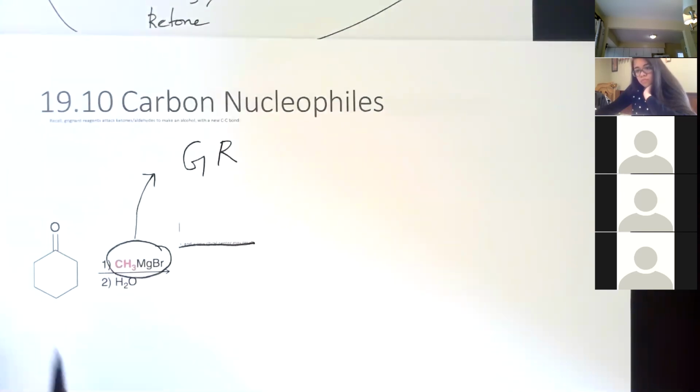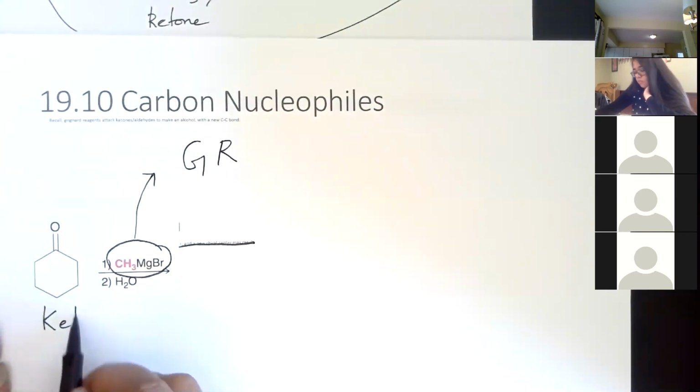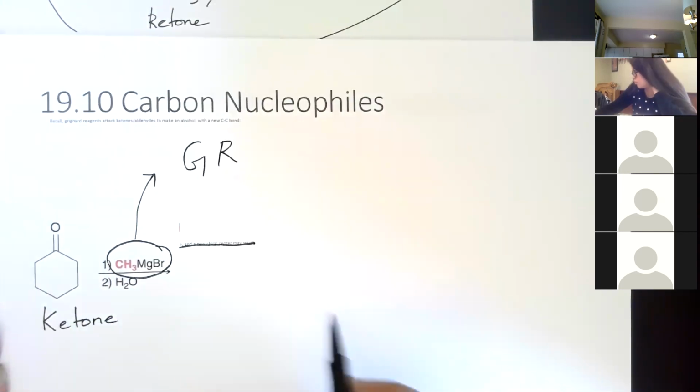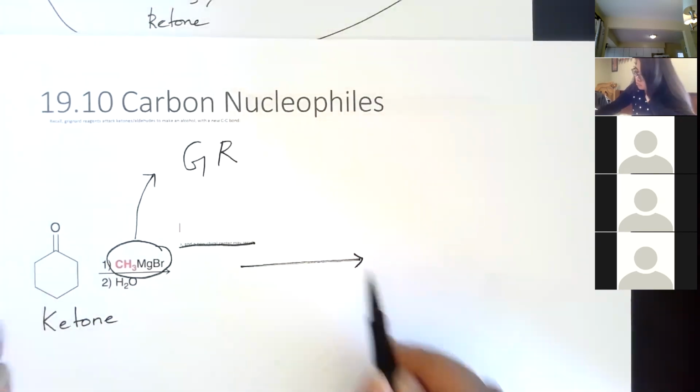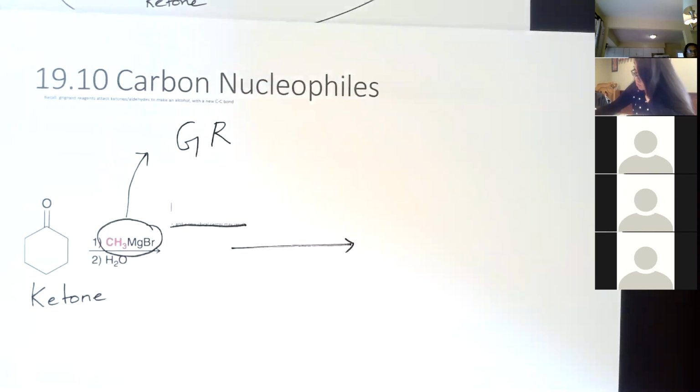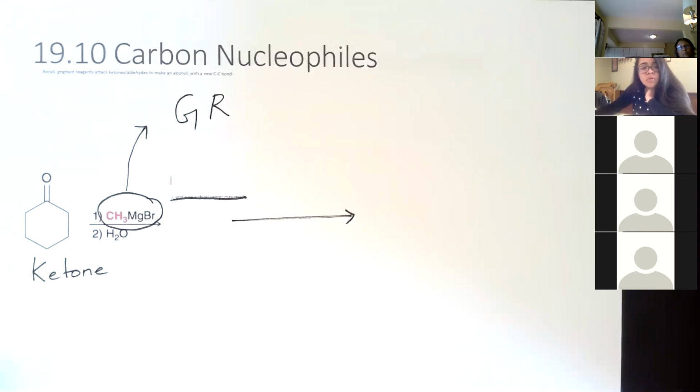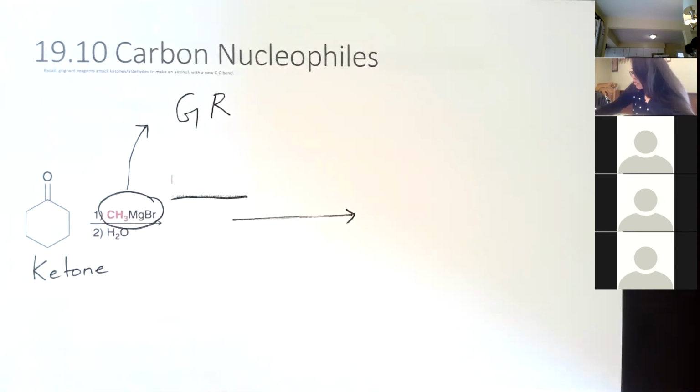First of all, this is a ketone. Ketone will produce what type of a product? What is the functional group of the product? Alcohol.